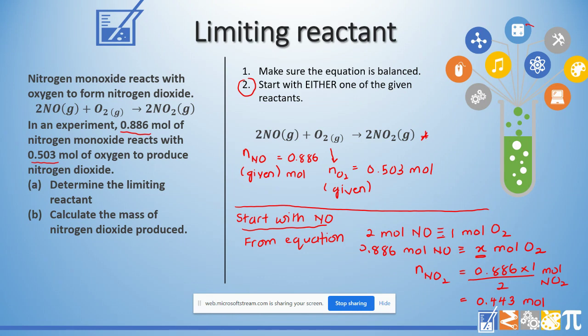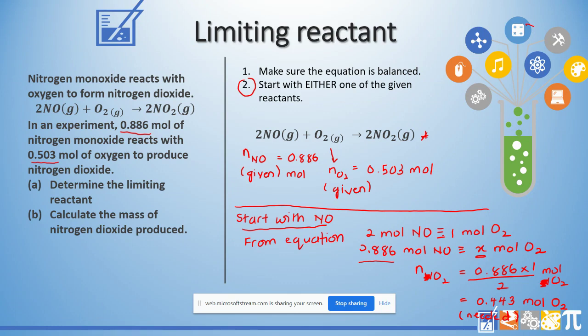Please excuse me. This is just oxygen. So this is 0.443 mole of oxygen. This is the value of oxygen needed if we have 0.886 mole of nitrogen monoxide.